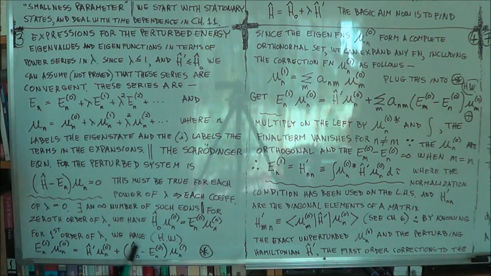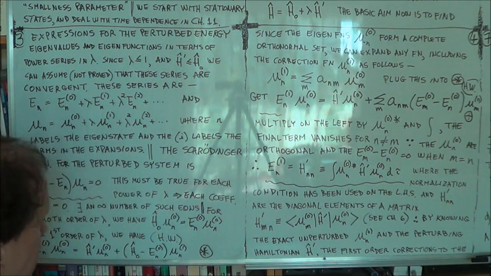But we do have this relationship here that we found by equating the coefficient of lambda to the first power in this general eigenequation, and we got this. Now, let's see, what are we going to do now? So the un1 and En1 here are our two unknowns.